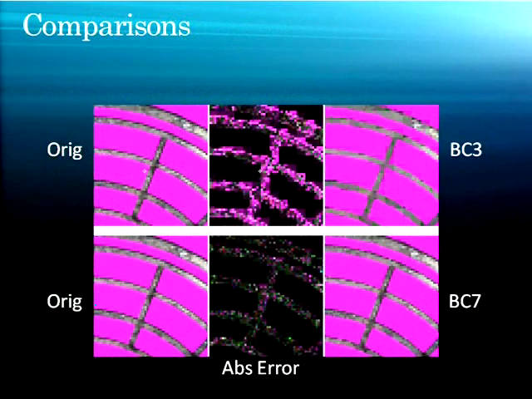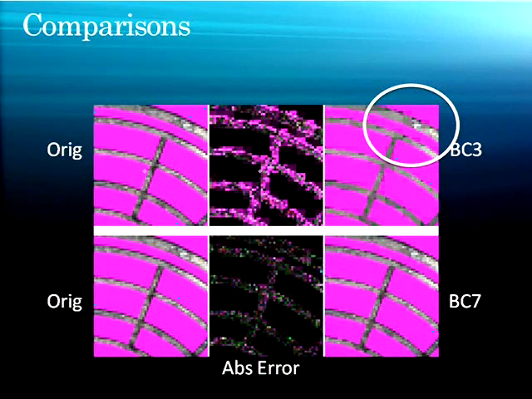So let's take a look at some example images now. So we have the original image here on the left, and we have the decompressed results using BC3, which is a fairly popular existing BC, and BC7. And what you should be able to see, and the projector's pretty good, I think you should be able to see it here, is that there's significantly more blocking artifacts with the BC3 image than there is in the BC7.